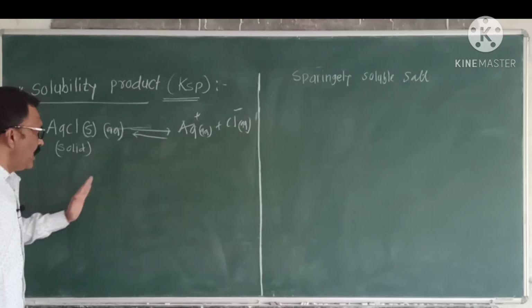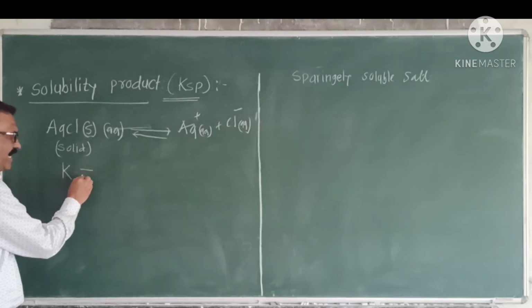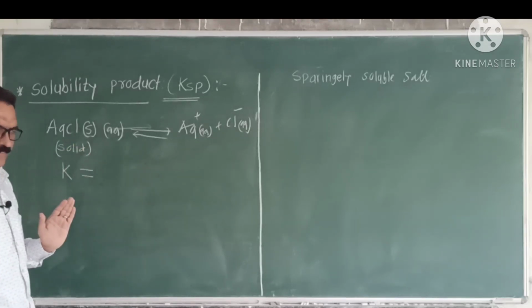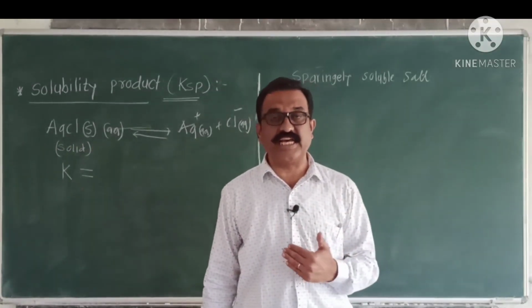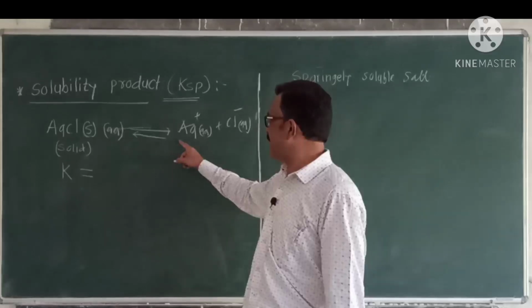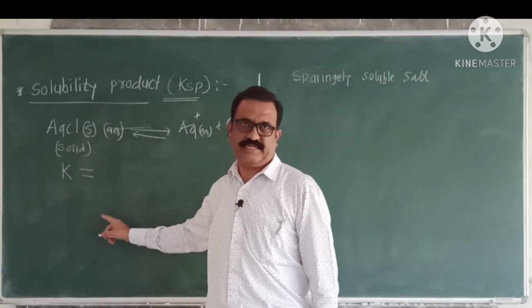Then an equilibrium constant, which is denoted by capital K. An equilibrium constant means it is the ratio of a concentration of product to the concentration of reactant.